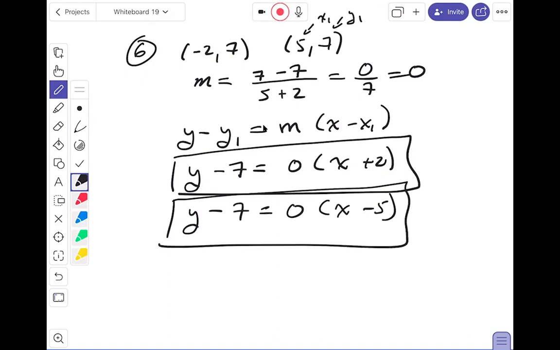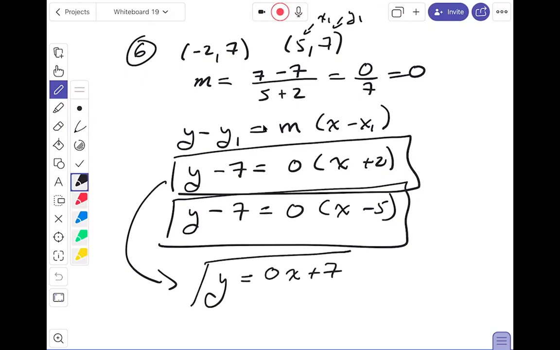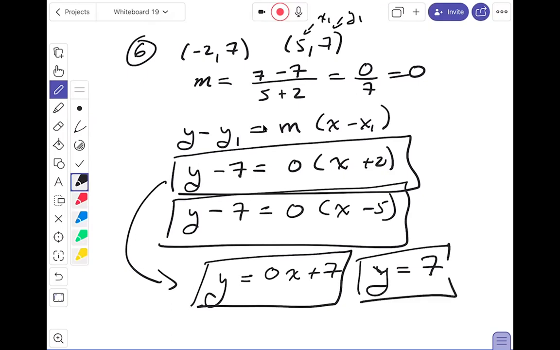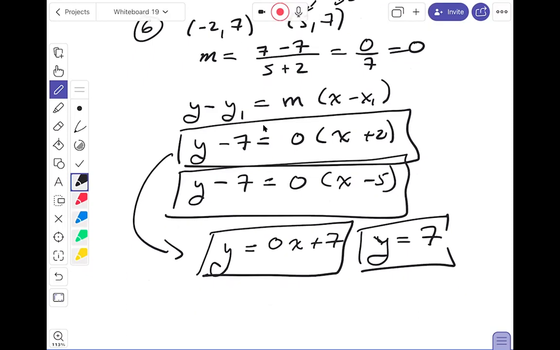And why is that? Both of these equations reduce to this over here: y equals no x's plus 7. They both give us that. I realize somebody's going to say, do I need to write that down that way? No, you could put this down instead. What do we know that as? A horizontal line.